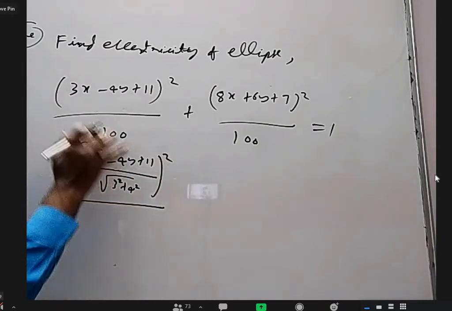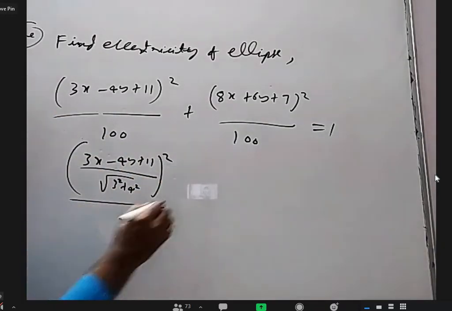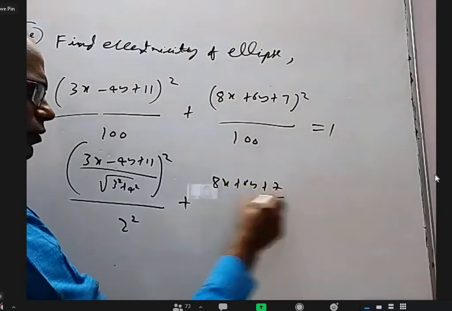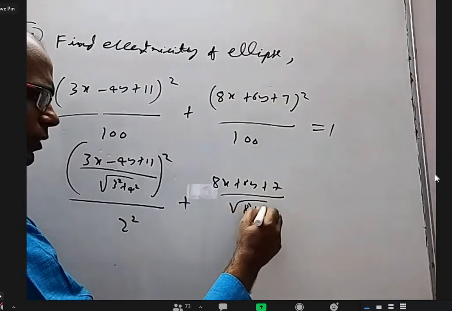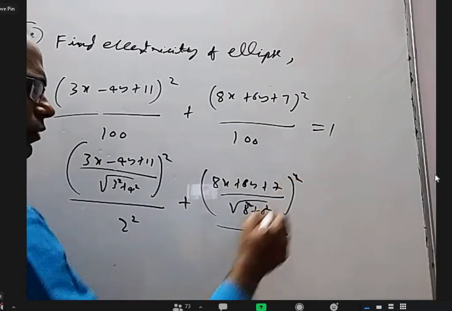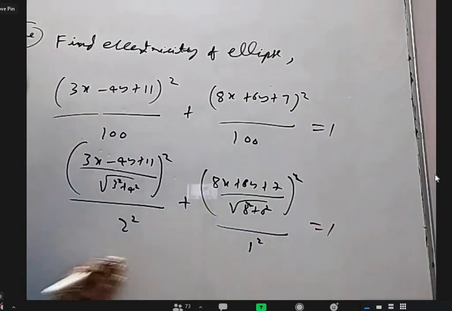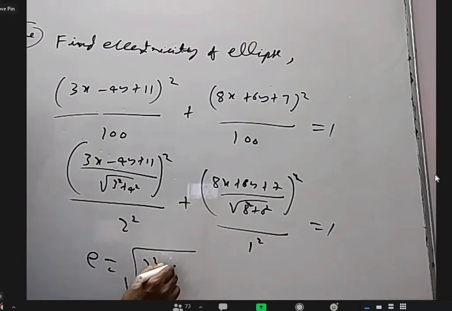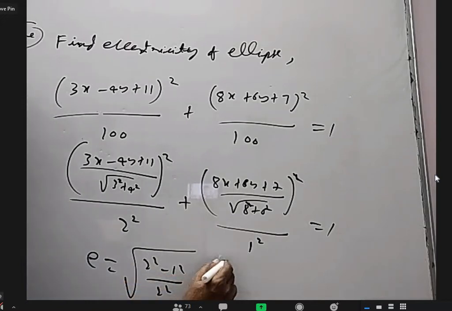So out of 100, 25 is taken and 4 is left, so it is by 2 square. Similarly, this is 8x plus 6y plus 7. I need by root of 8 square plus 6 square. So all the 100 went, so I'll be left with 1 square. So it is like a equal to 2, b equal to 1. Eccentricity is root over 2 square minus 1 square by 2 square, root 3 by 2.